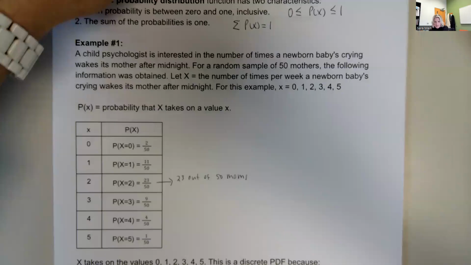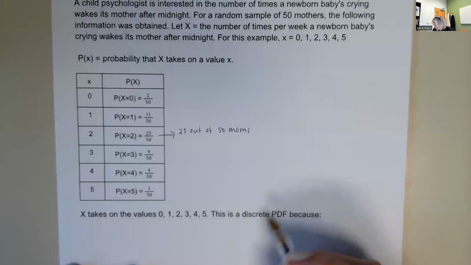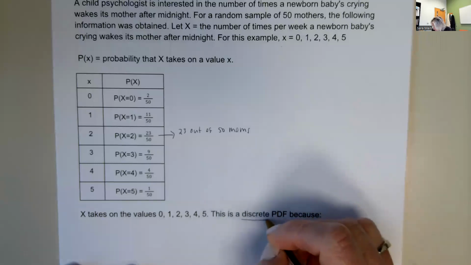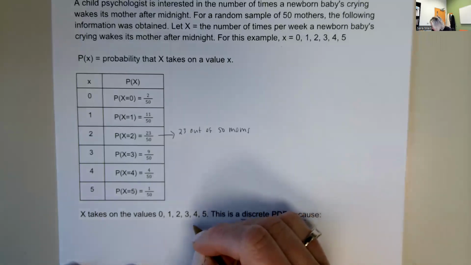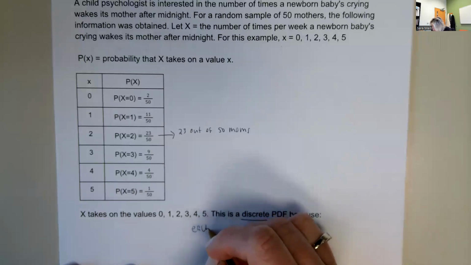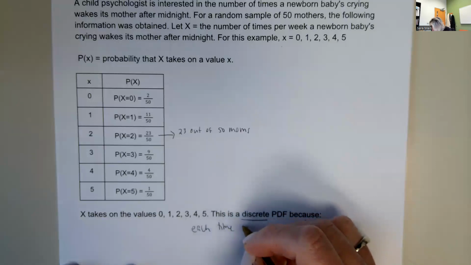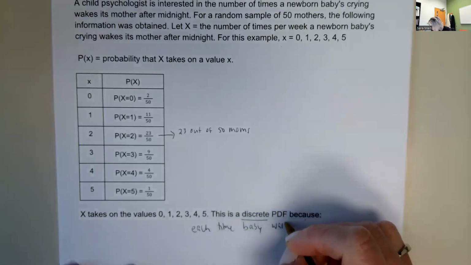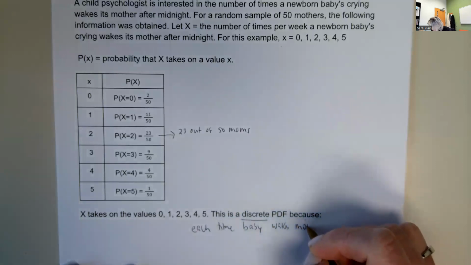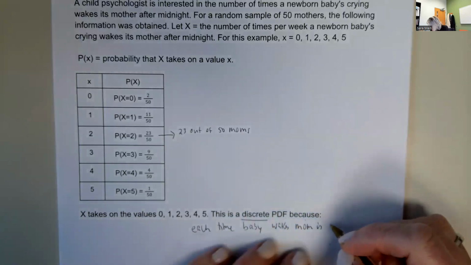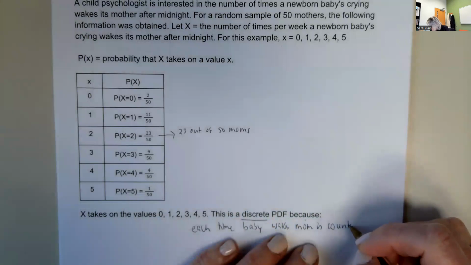And so this is discrete, discrete meaning each time a baby wakes mom is counted. So that's why it's discrete.